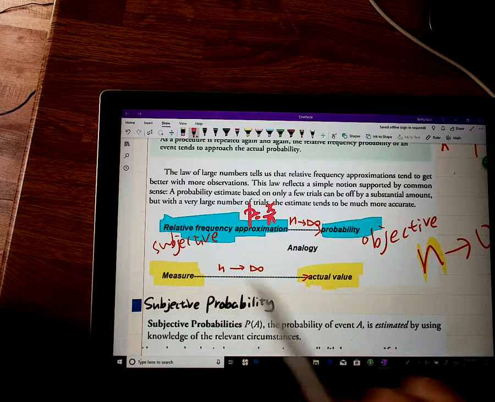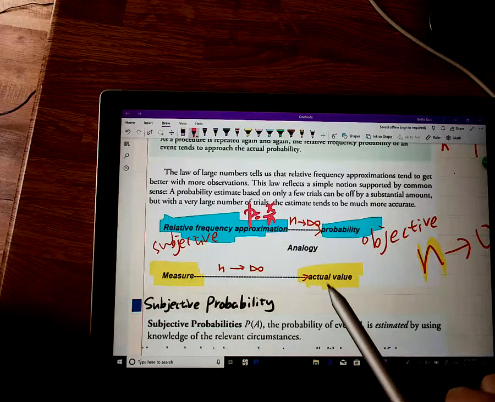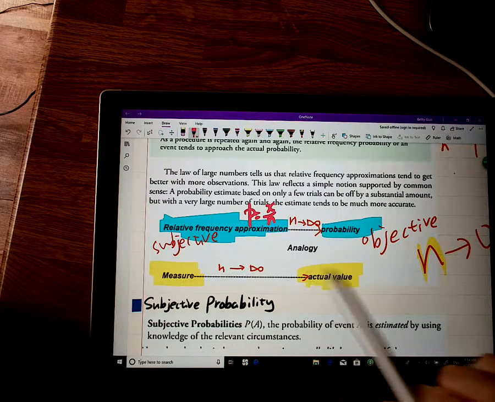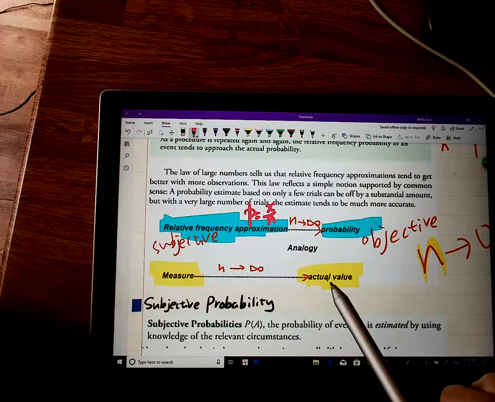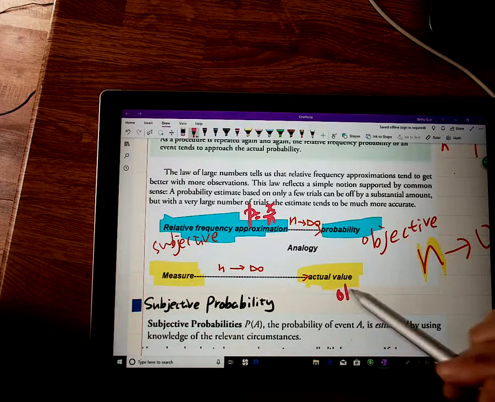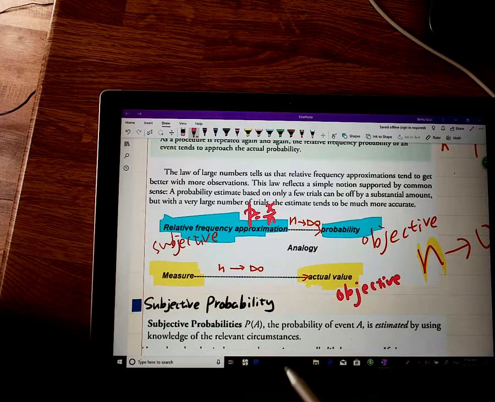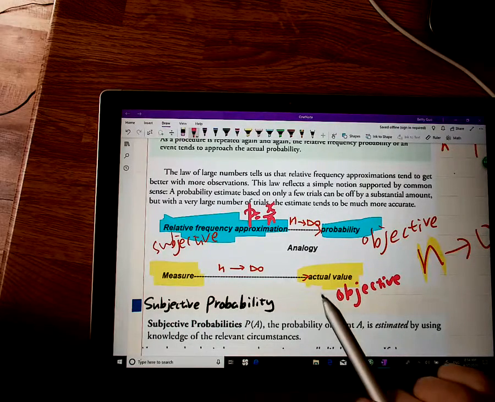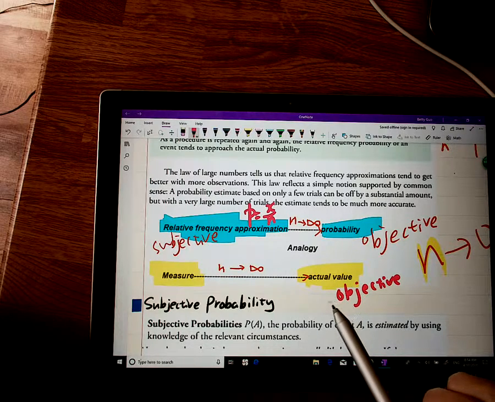We are using the measurements to estimate or approximate the actual length of the table. The actual length of the table is something objective. Sorry, I misspoke earlier. Probability is objective; something that will not be changed.